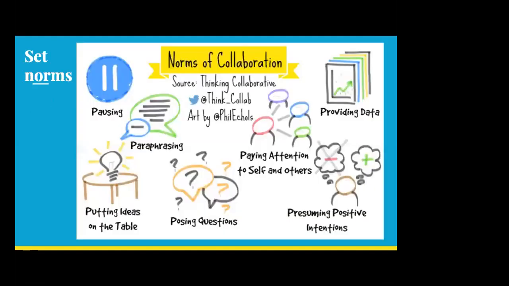We want to make use of them. So set norms of collaboration. In your classroom, this is what happens when this happens. Providing data, paying attention to self and others, things like that. Putting ideas on the table. How do you share ideas with each other, that kind of thing.